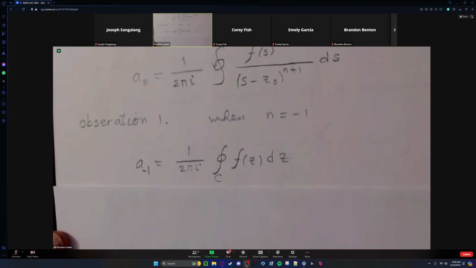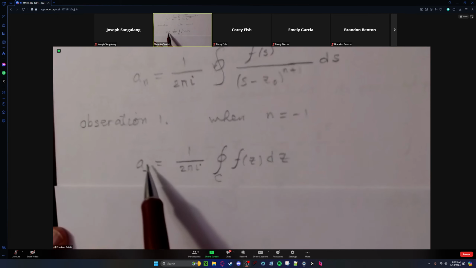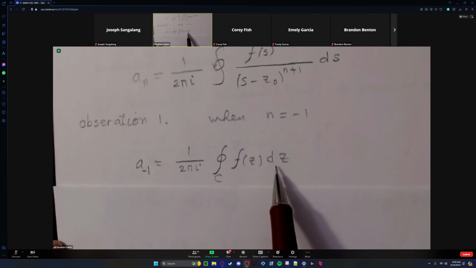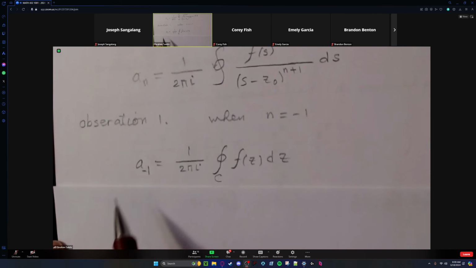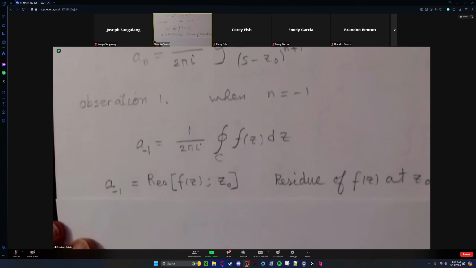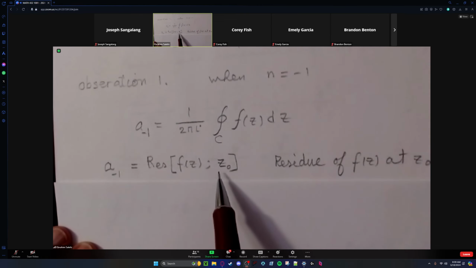So the Laurent series becomes extremely important because we need this coefficient. This coefficient will give us the integral of f(z) dz, right? This coefficient is called the residue of the function at that particular point, okay? And we denote it by this, the residue of f(z) at that singularity z0.